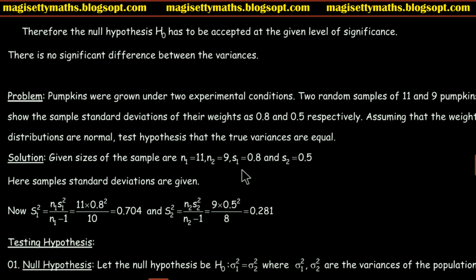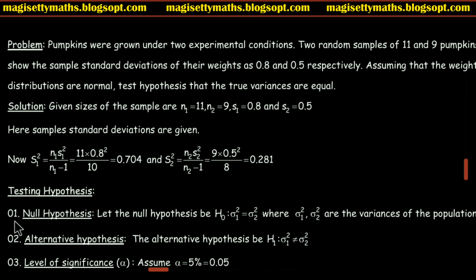So in this problem, given S1 equals 0.8 and S2 equals 0.5, the population variances are S1 square equals N1 S1 square by N1 minus 1, that equals 11 into 0.8 whole square by 10, that gives 0.704, and S2 square equals N2 S2 square by N2 minus 1, that equals 9 into 0.5 whole square divided by 8, that equals 0.281.